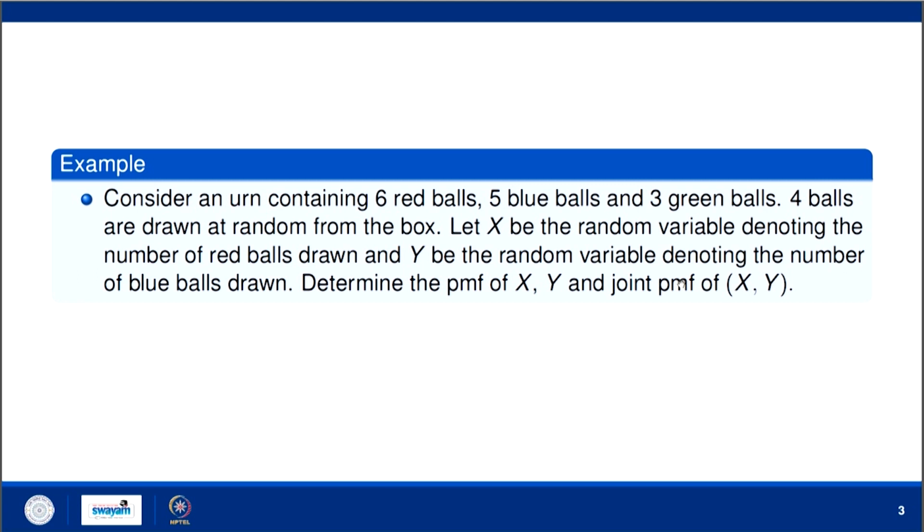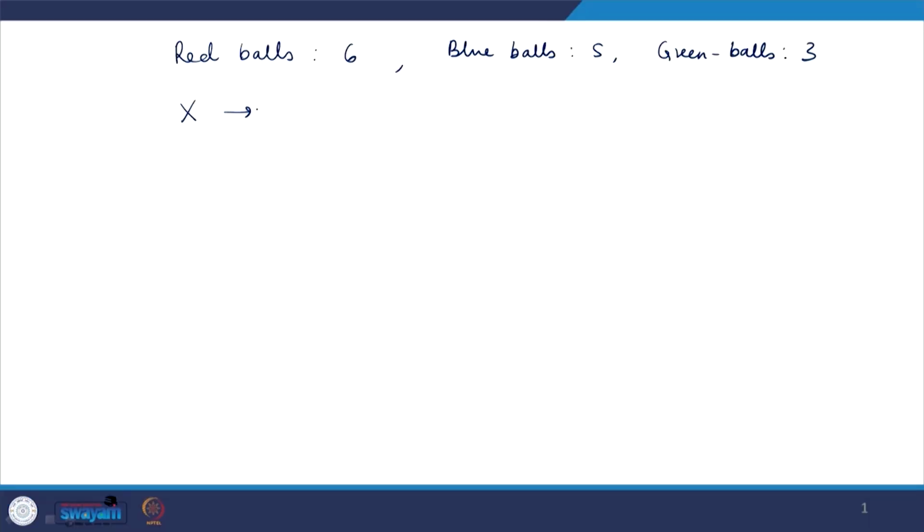So, how can we find it? Let us discuss. X is a random variable denoting red balls. X may take values 0, 1, 2, 3 or 4, because we are taking out 4 balls from this box.